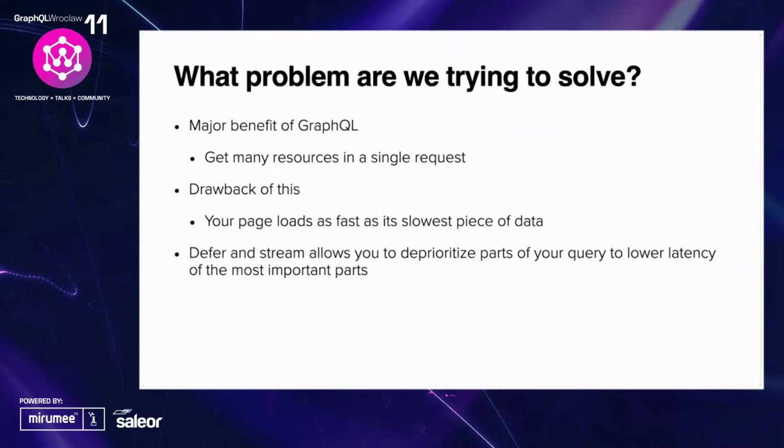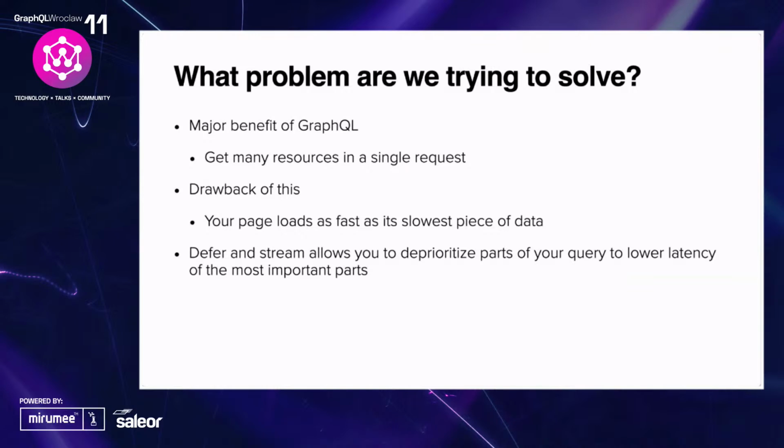So before we go into defer and stream, I want to talk about the problem that we're trying to solve. GraphQL is great at taking all of your application's data requirements and making a single request to the server. The GraphQL homepage advertises this as a major feature: you can get many resources in a single request.